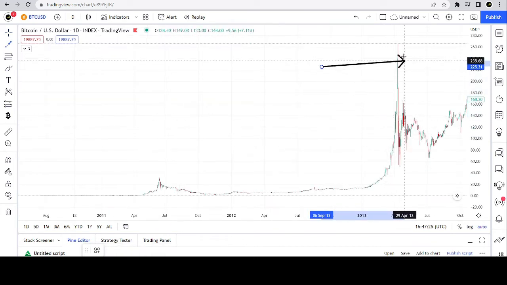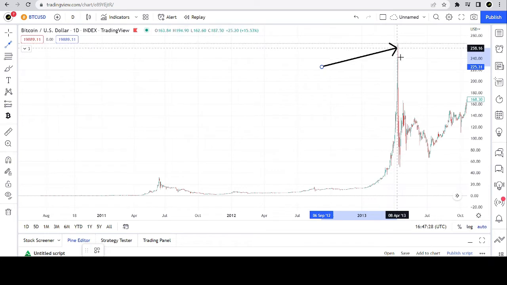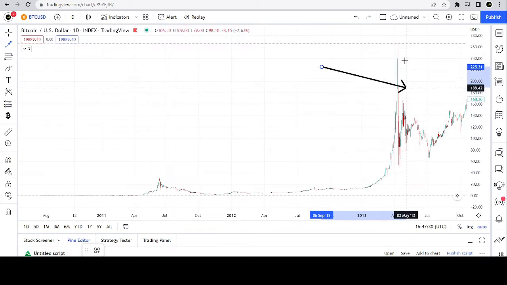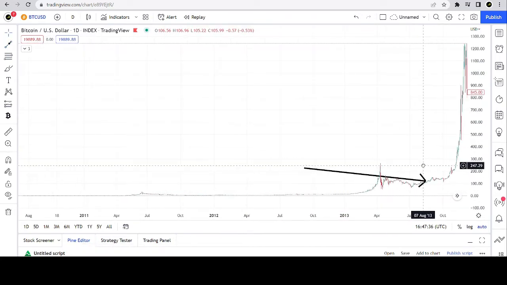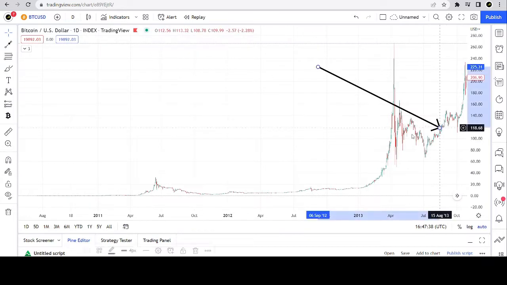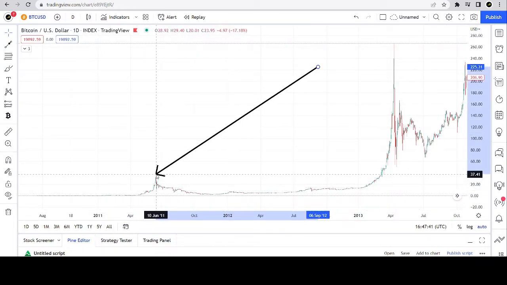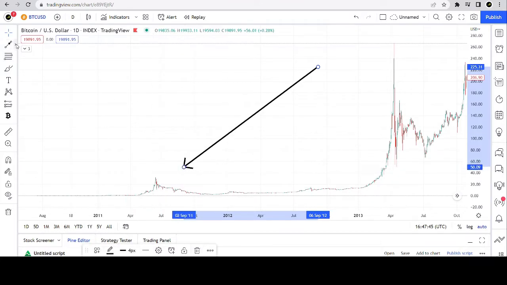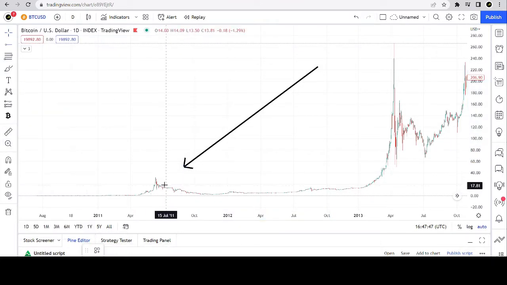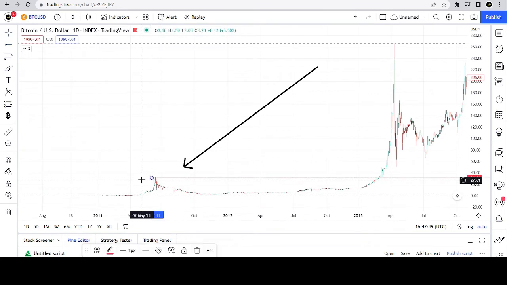Okay, so here we are at the next correction that takes place, and the peak was in 2013, and so was this correction here. So let me back up a little, and as you can see, the previous one right here, the 2011 one, was right here. Let's just throw on a line to make it easy to see a rough idea of where it is.